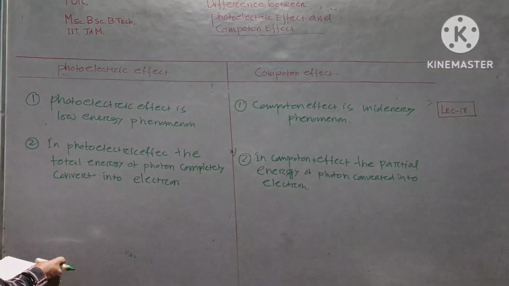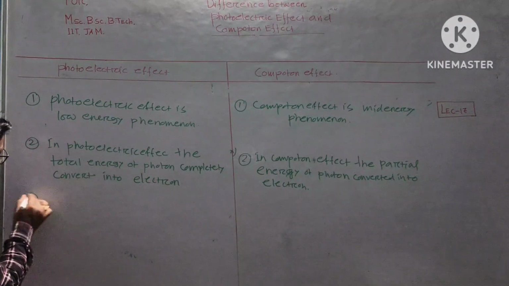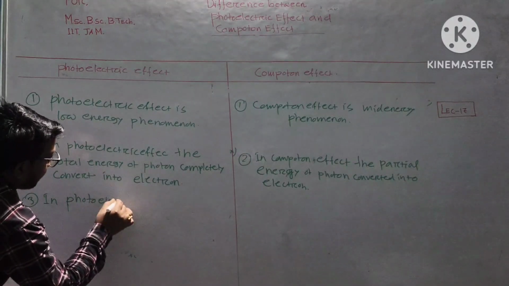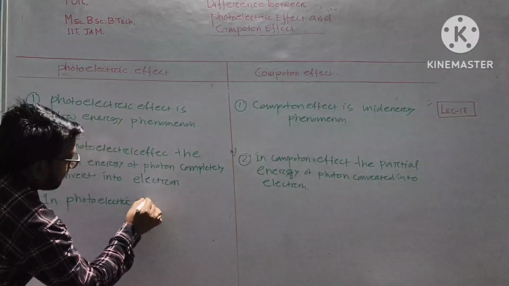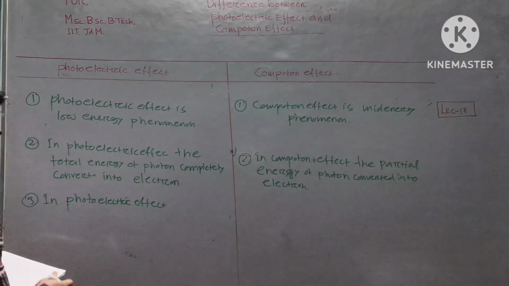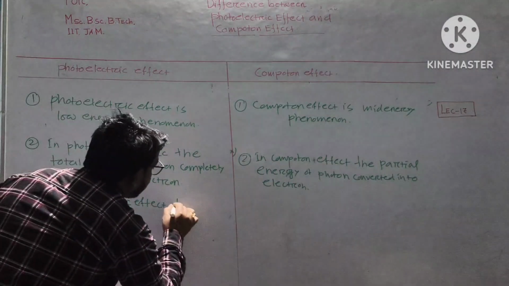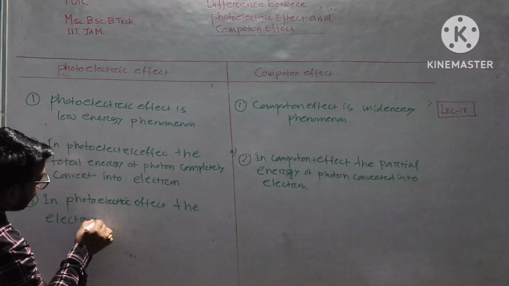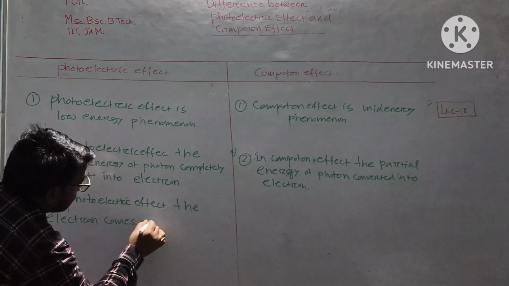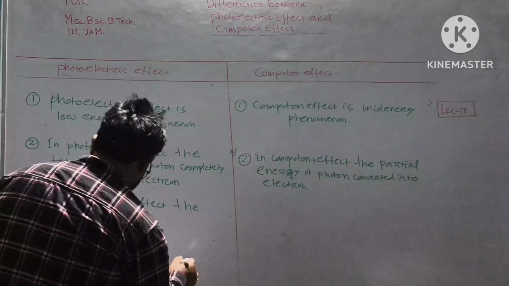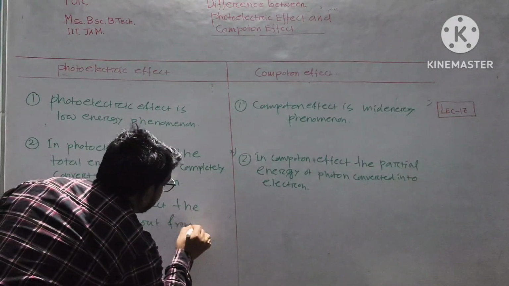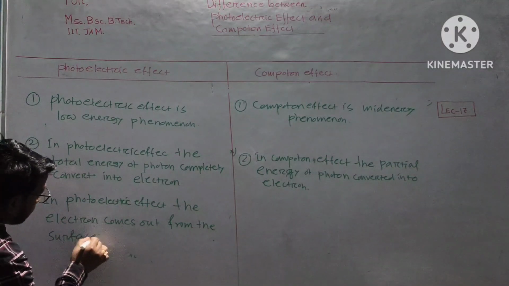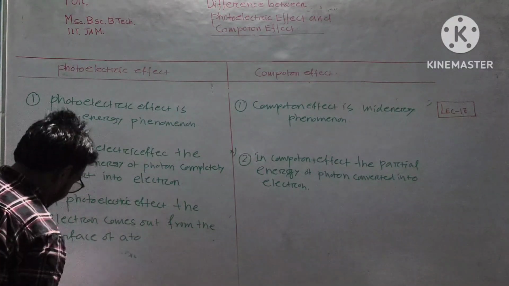And the third difference: in the photoelectric effect, the electron comes out from the surface of the atom.